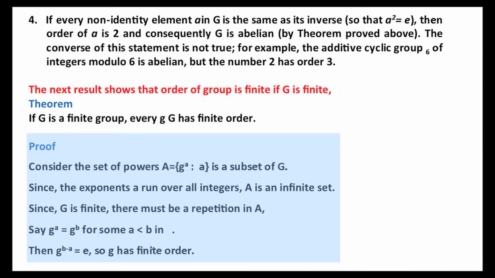Since G is finite, there must be a repetition in A. Say g to the power a is equivalent to g to the power b for some a less than b in Z. Then g to the power b minus a is equivalent to E. So g has finite order.